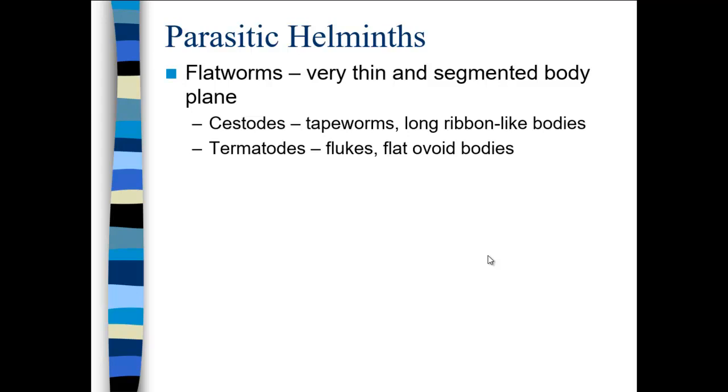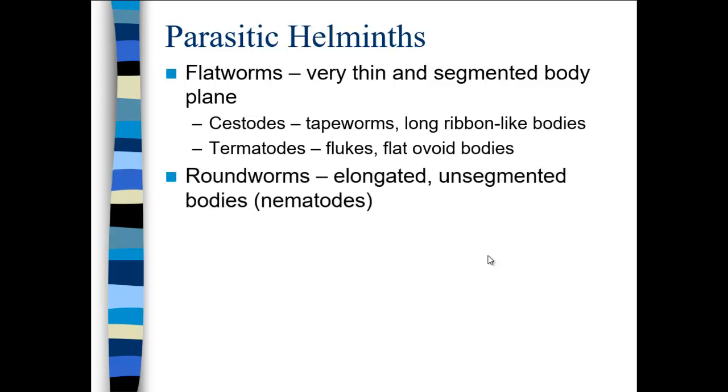The first one is cestodes, which are characteristically long, thin worms that look like ribbons, like tapeworms. And trematodes would include flukes, which have flat ovoid bodies, and I'll show you some pictures of this in just a minute. Then in contrast, roundworms are elongated and have unsegmented bodies.